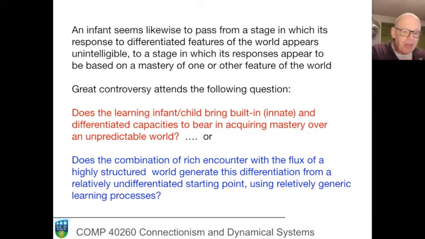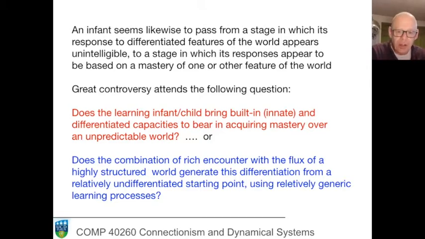And so the capacities that they exert in their form of interaction with the world likewise becomes more differentiated. And so there is a long-lasting debate, at least several hundred years old, in which different sides have argued for a greater role for the child or a greater role for the contribution of the world.